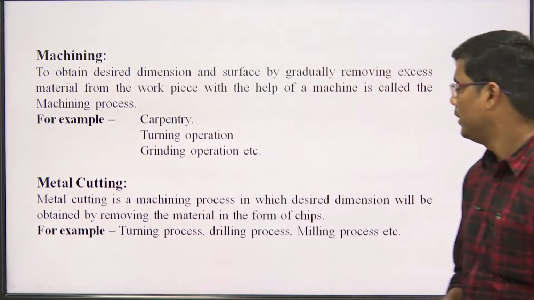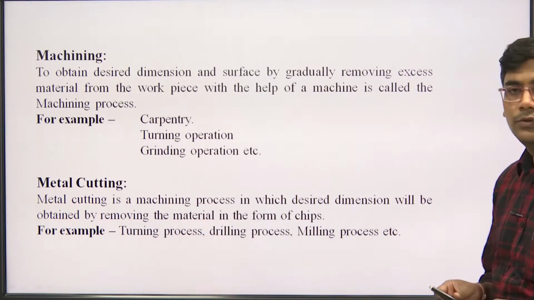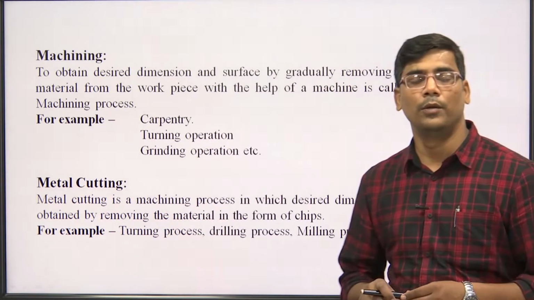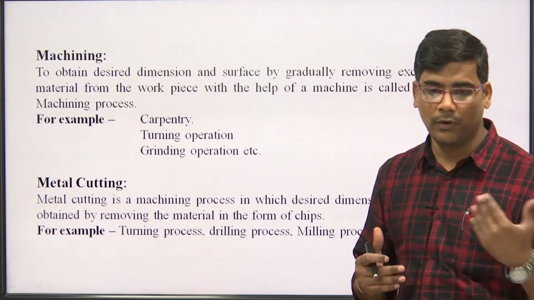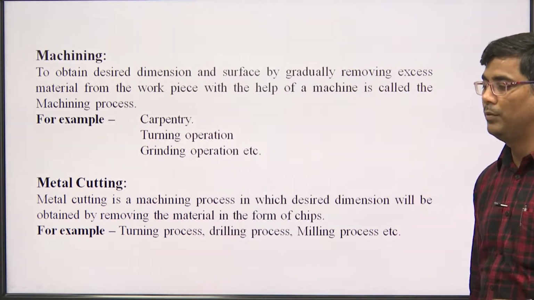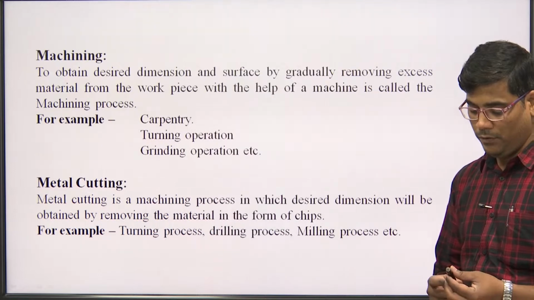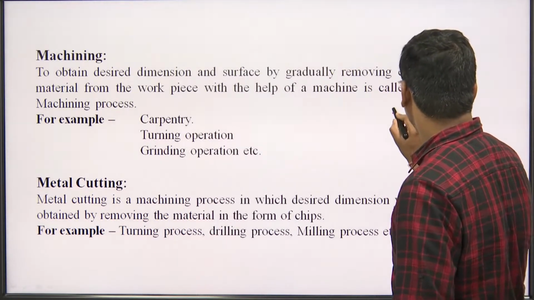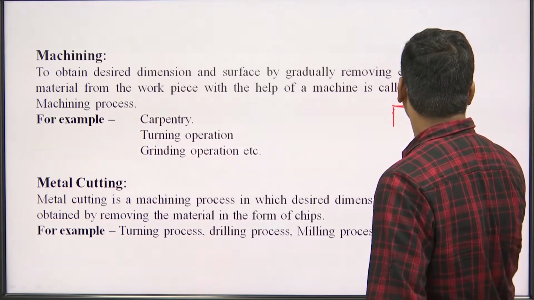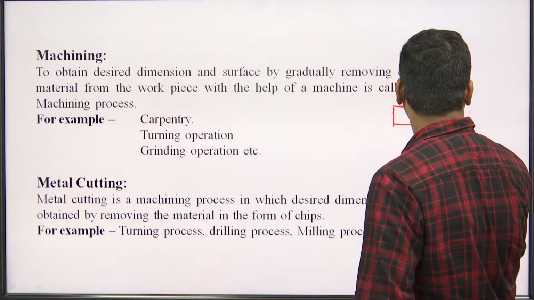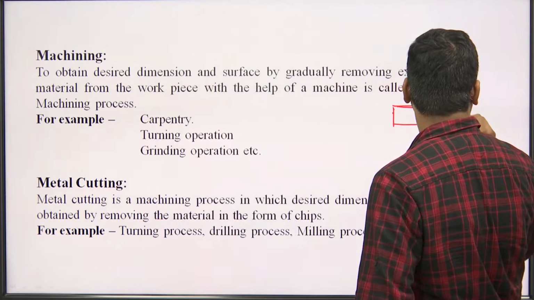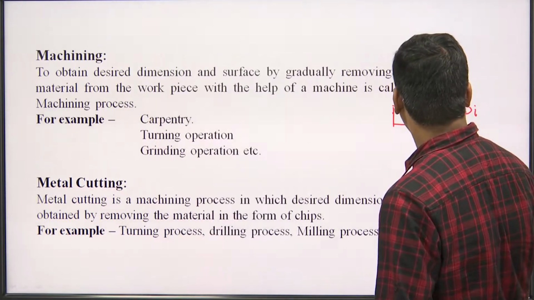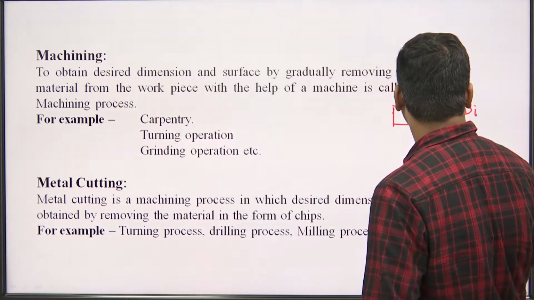Metal cutting is a machining process in which desired dimensions are obtained by removing extra unwanted material in the form of chips. For example, we are doing a simple turning operation. This is a workpiece whose initial diameter is Di. We are doing machining here.